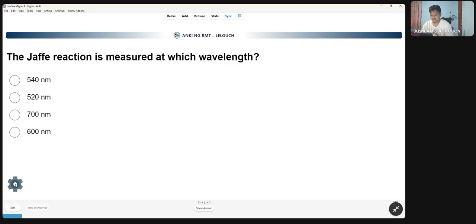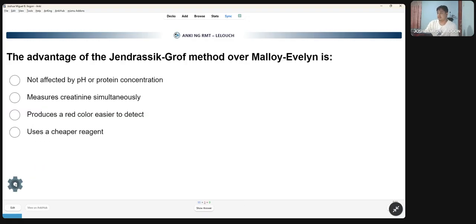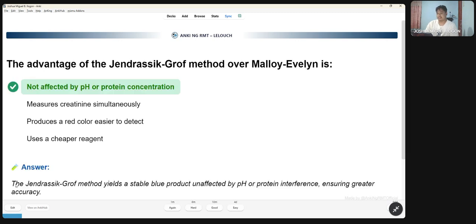This is the reference method. That's your coupled enzymatic, NADH decreased at 340. Jaffe reaction is measured at 520. Jendrassik-Grof is preferred because it's not affected.